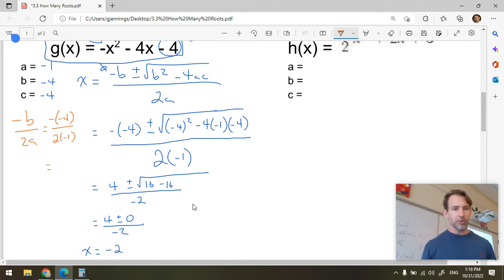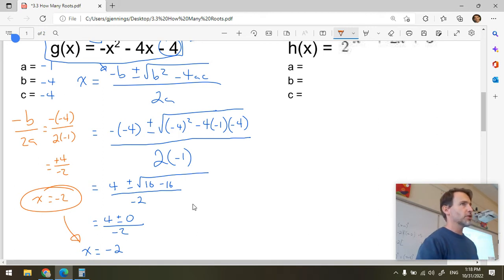So this will be equal to positive 4 on the top over negative 2, because negative 4 is positive 4. So plus 4 over negative 2, that's equal to negative 2. So the equation of the axis of symmetry was the same as the equation of the one and only root.